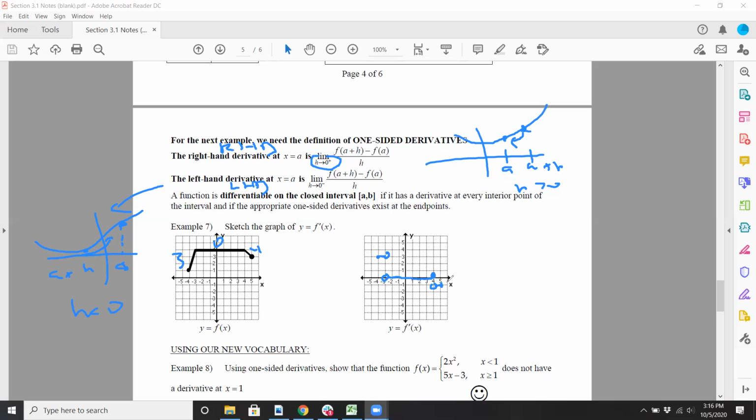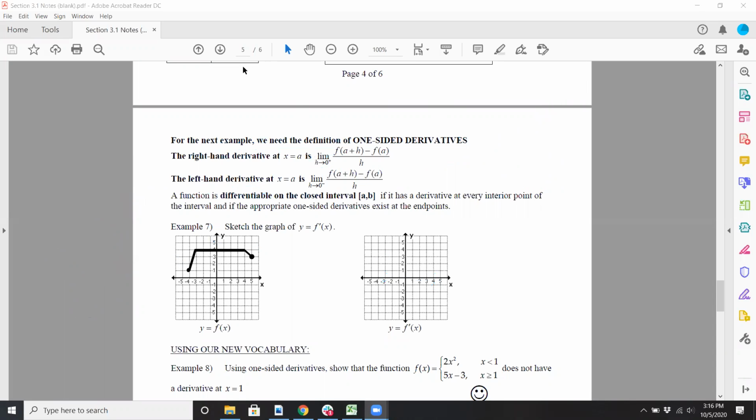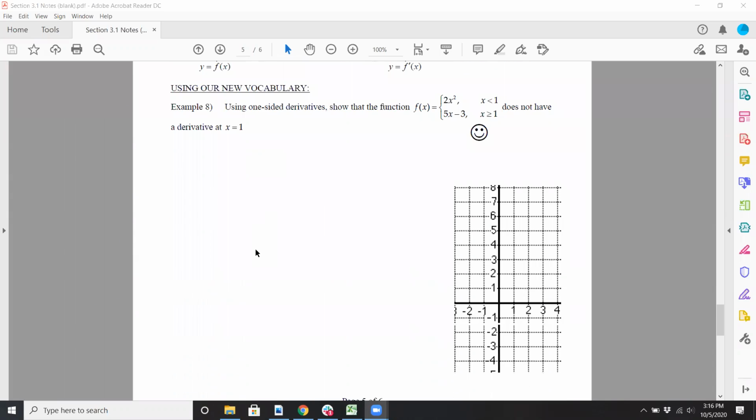Now let's look at a piecewise function down below. And we have a worksheet on this that we'll probably hit up on Thursday or the week after. We'll clear my drawings. So you're asked to use one-side derivatives to show that this function does not have a derivative at x equals 1. Well, let's graph the piecewise function first. So if I plug 1 into here, I get 2, but it's going to be a hole.